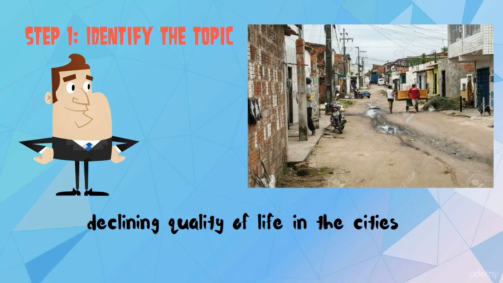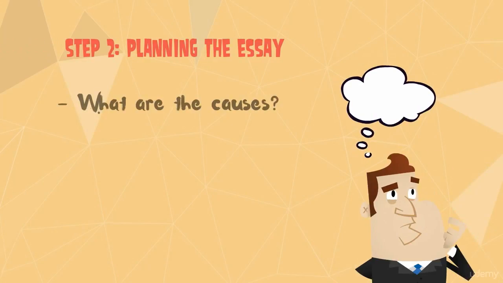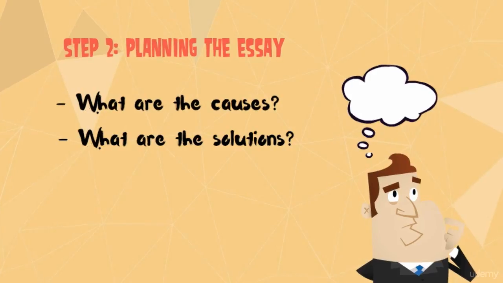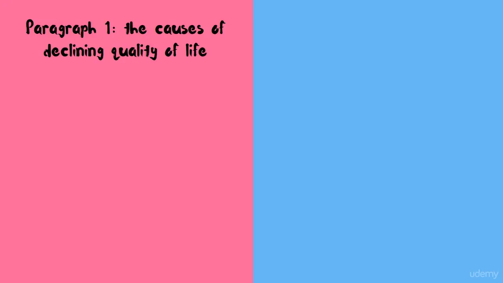Let's move on to step 2, when you need to plan your essay. In this step, you need to brainstorm what the causes and the solutions are. Here are my suggestions. For paragraph 1 of the body, the causes of declining quality of life, you can mention the first reason is the economic downturn.